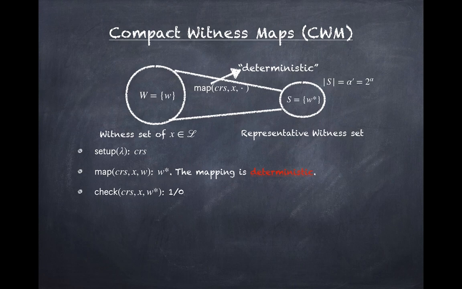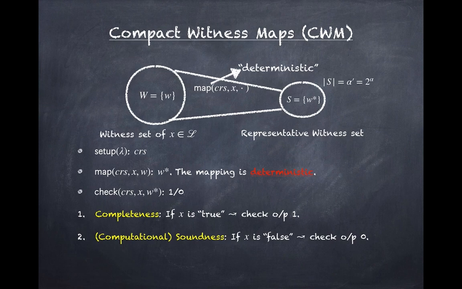And finally, there is a checking algorithm that takes the statement and a proof and outputs whether it accepts or rejects the proof. The properties that we need from a compact witness map are completeness, which says that if X is true, then check should output 1, and computational soundness, which says that if X is false, then check should output 0. In particular, no cheating prover should be able to convince an honest verifier.